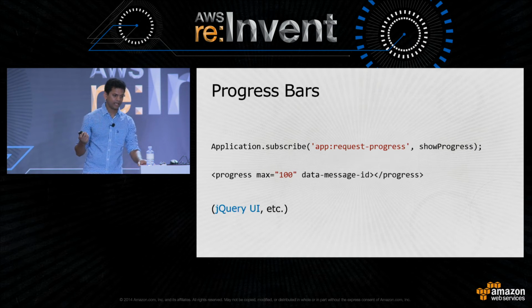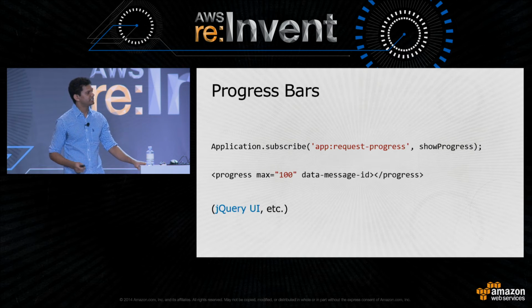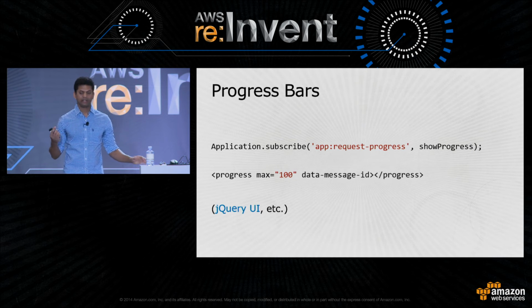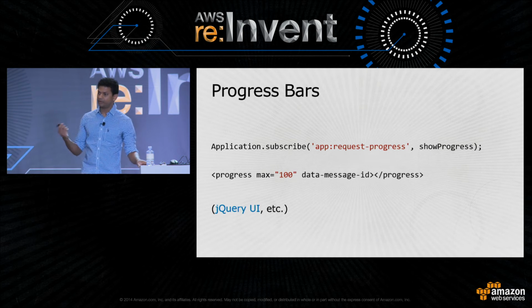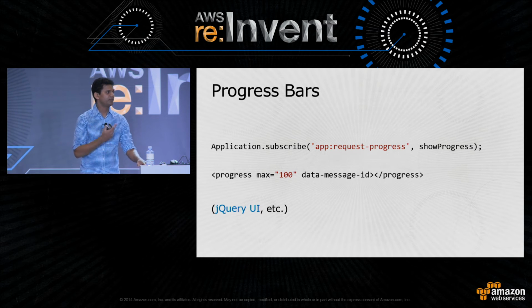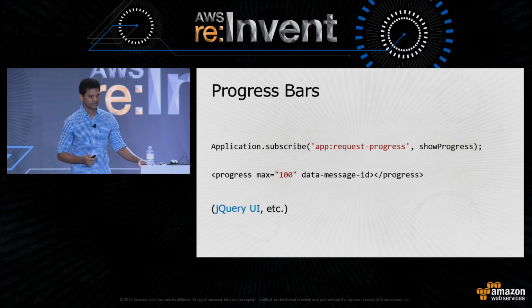In our web application, we use a very simple HTML progress element to display progress. But you can definitely get a lot more fancy and use a third-party library like jQuery UI to display progress notifications. The key point, however, is to subscribe to the progress messages that the application is emitting.